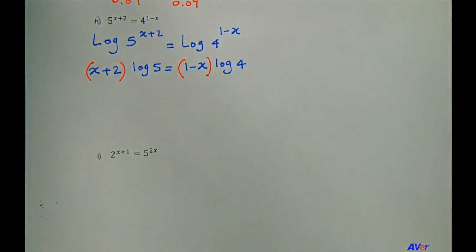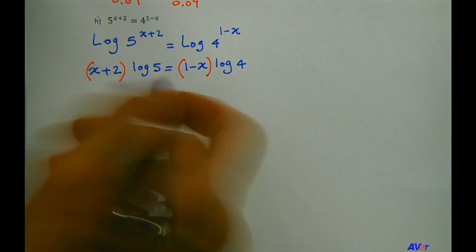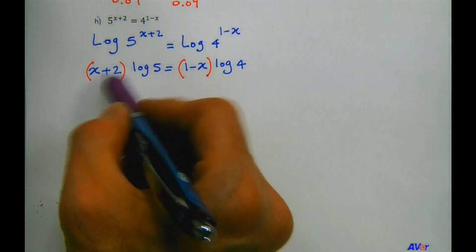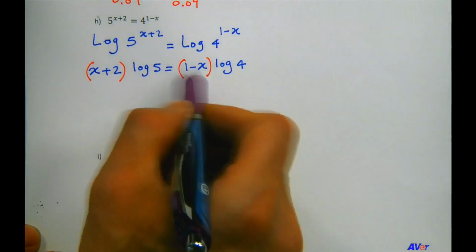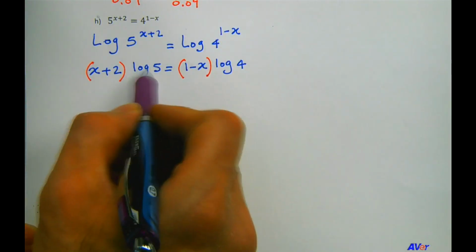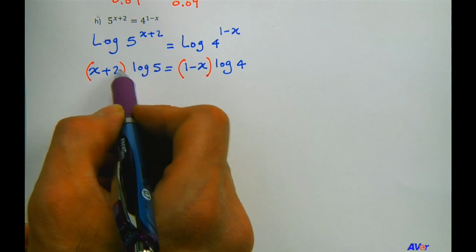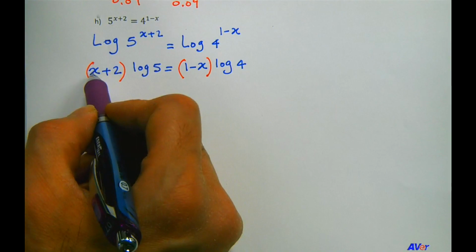So what's the meaning of this? Why is it so important to put parentheses around this? Well, it's because by putting parentheses around 2 terms, you're saying that this log of 5 distributes itself to not just 2, but also x.